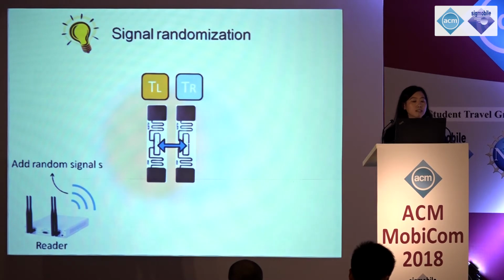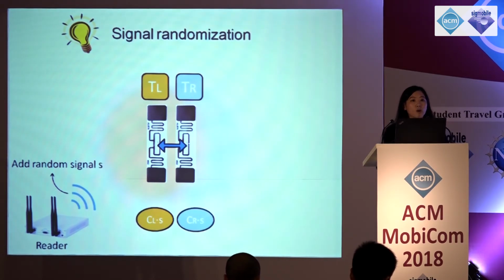We also ask the reader to send a random signal S(t) that varies with time t. The random signal will hide the backscattering signal of the tag. In this case, the attacker is even unable to tell whether a tag is transmitting or not, not to mention determine the physical layer signals.